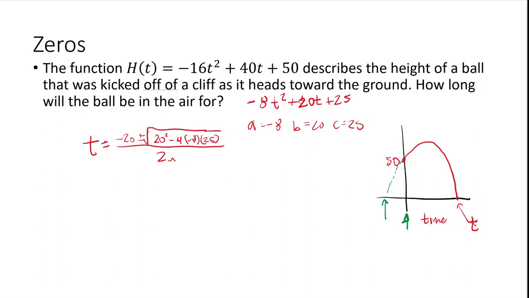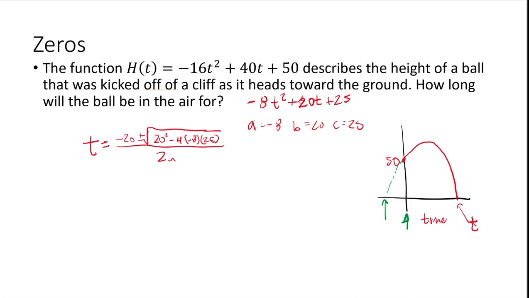So how do we do that? Well, just do the math that's involved here. I'm just going to type this into a calculator really quickly, and I'll give you the two answers. a we said was negative 8, b we said was 20, and c we said was 25.